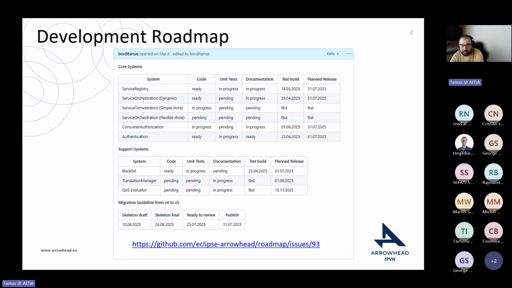Although the official release with 100% unit tests and documentation coverage will be at the end of July, test builds are already published and still will be published in the coming weeks. These test builds are functionally finished systems.